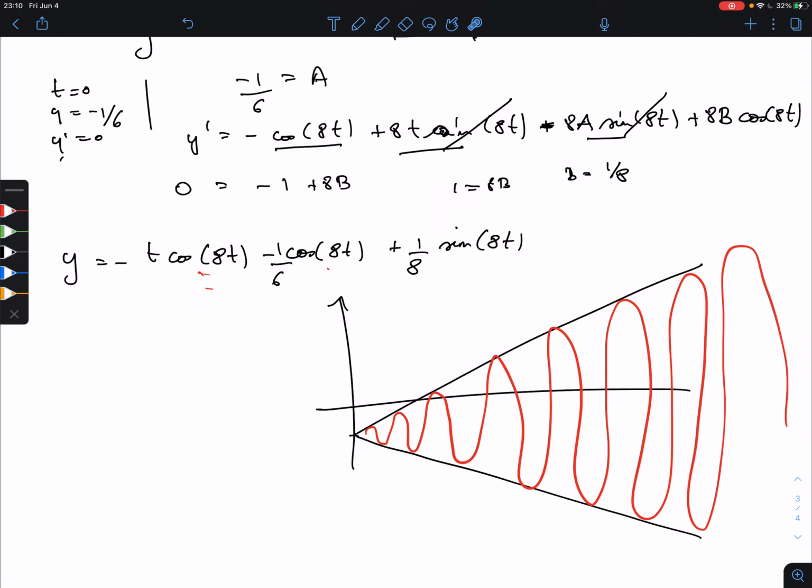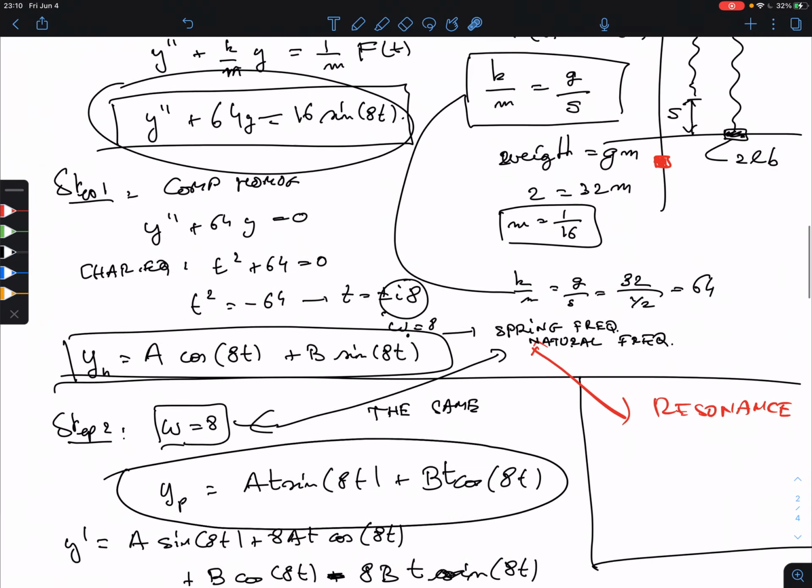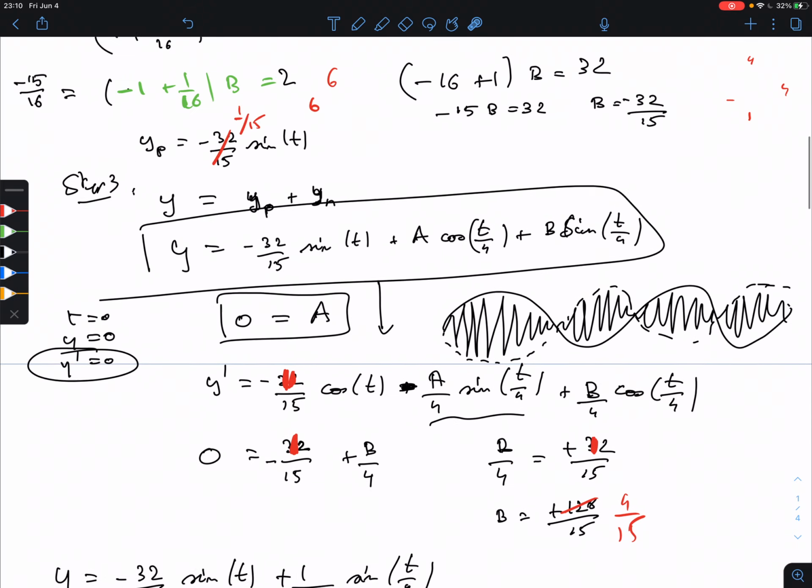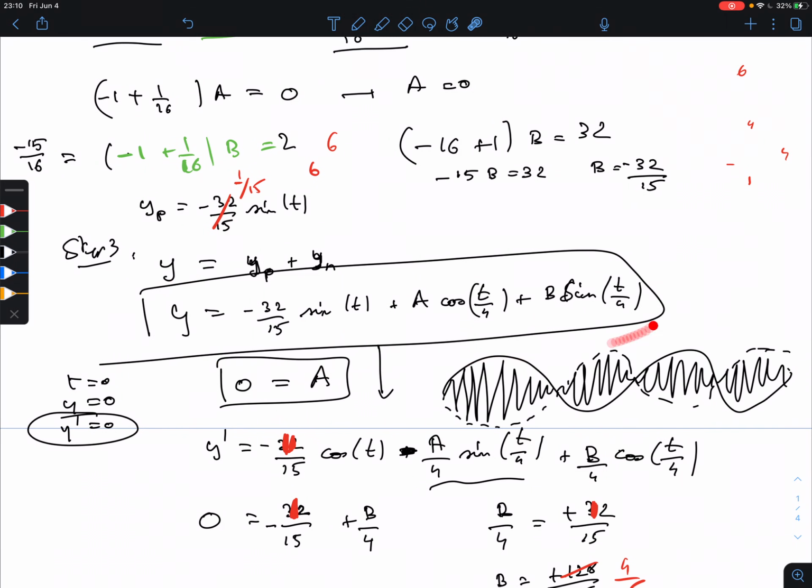So, what happens if the force has a different frequency than the natural frequency? Well, that was the case in the previous homework. So this is the picture. There are two frequencies now, 1 and 1/4.